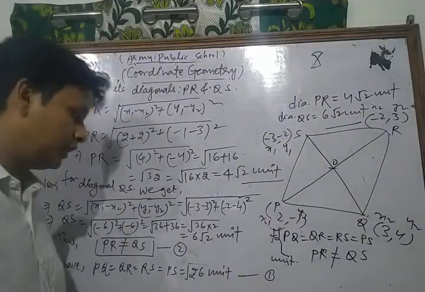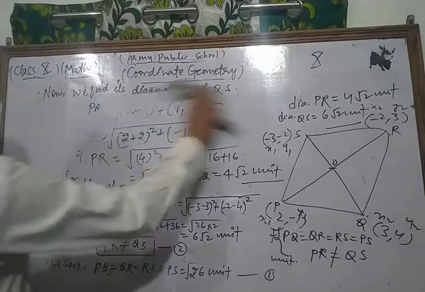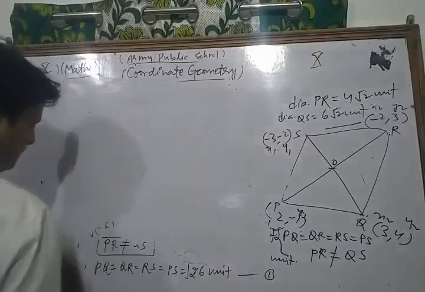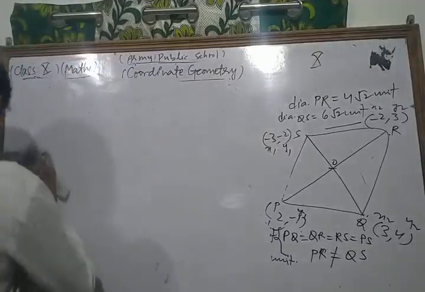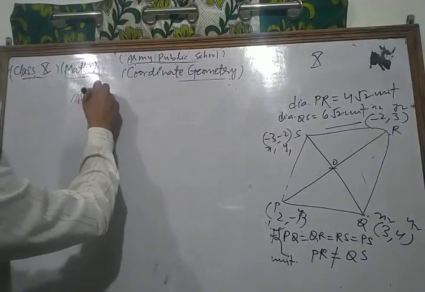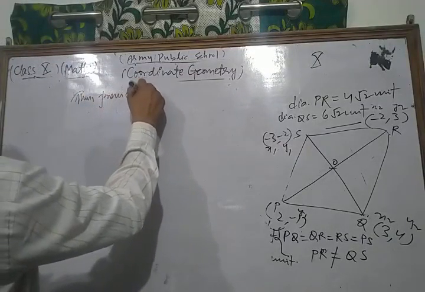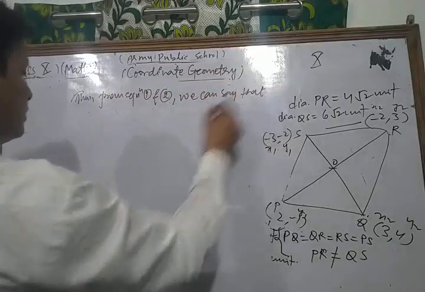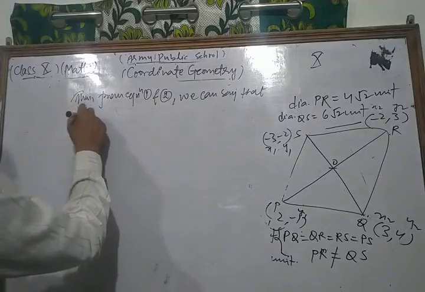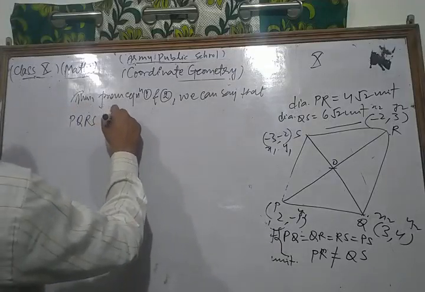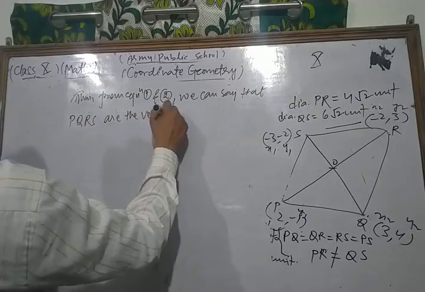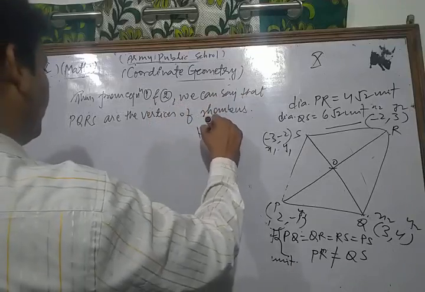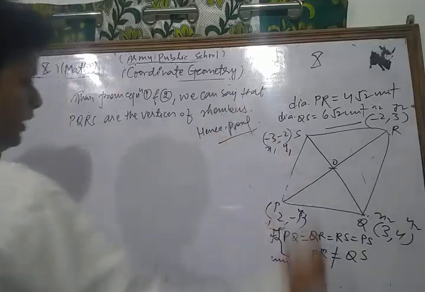Thus using 1 and 2, from equation 1 and 2 we can say that PQRS are the vertices of a rhombus, hence proved, not a square. Okay, hence proved.